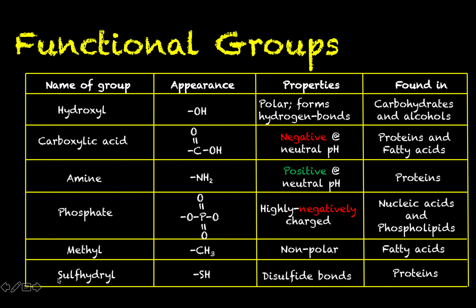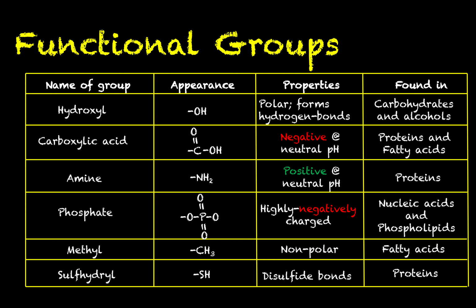You tend to find a lot of these in fatty acid molecules. And then finally, the sulfhydryl functional group, this SH, is something that we'll talk about in greater detail in a future video when we talk about proteins, but this allows for the formation of a unique type of covalent bond called a disulfide bond. So you don't necessarily have to memorize all of these functional groups, but you do need to be aware of how the presence or absence of certain functional groups will affect a molecule's solubility in water.